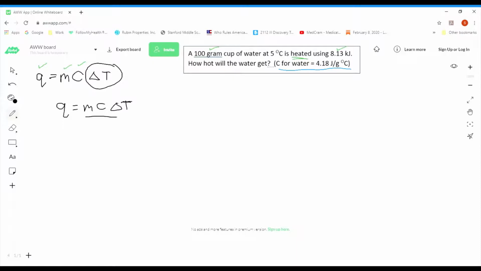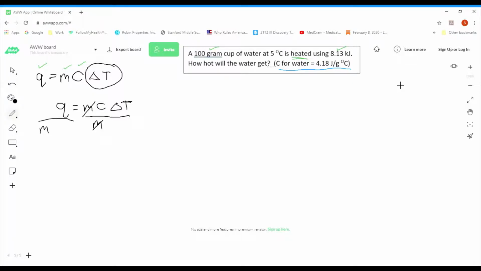Which means that in order to get delta T by itself, we need to get rid of the M and the C. So first let's get rid of the M by dividing by M, so that they cancel. But since we divided on the left, we have to divide on the right also.